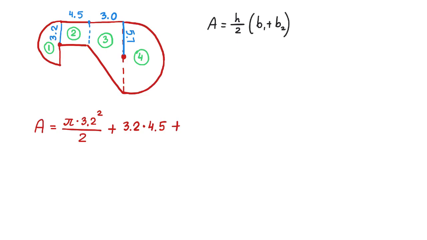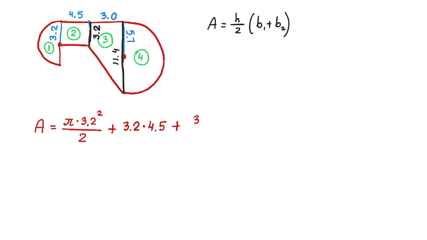Now imagine that this is a trapezoid that is rotated 90 degrees counterclockwise and the height is 3 units. The upper base is 3.2 and the lower base is twice this radius, 5.7, which makes 11.4. Let's add all this in the total area below.